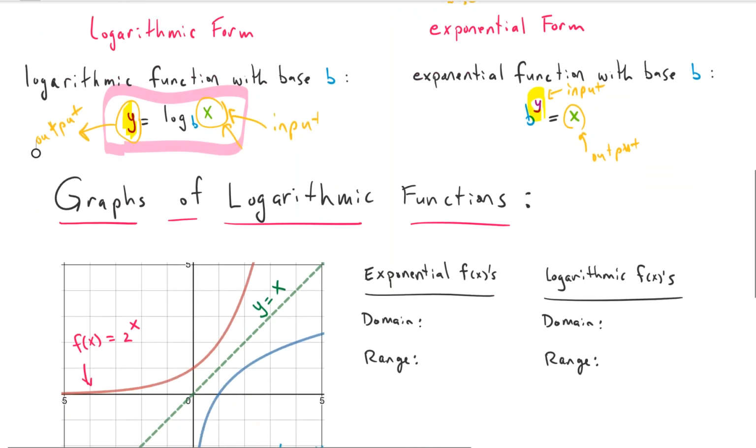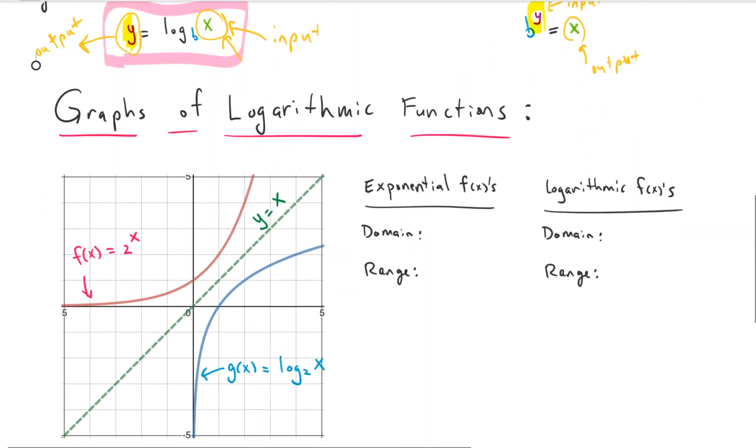So let's look at the graph of a logarithmic function. I think most of you have seen the graph of an exponential function, which is right here in red. You probably learned that all exponential functions of the form a to the x go through the point (0, 1).